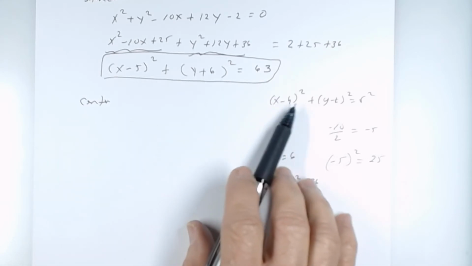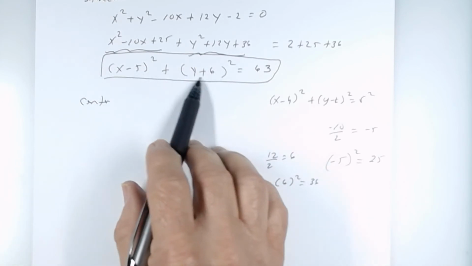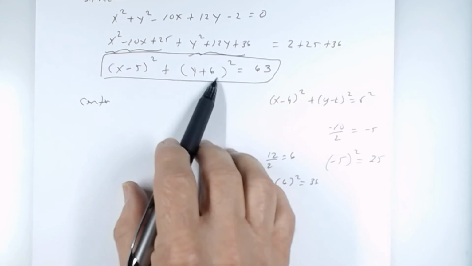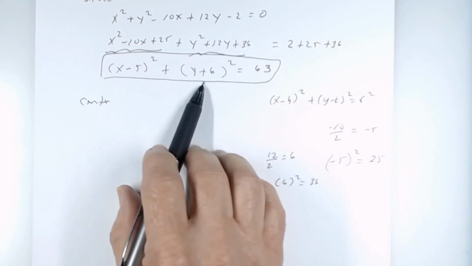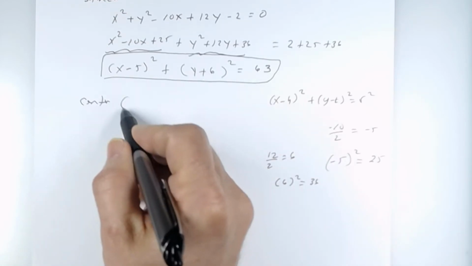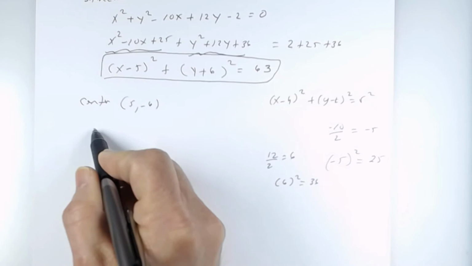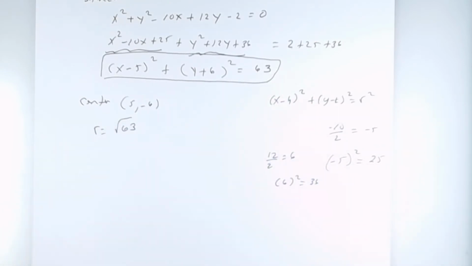This has got to be written as x minus h, and h is 5 here. Y plus 6 is y minus a negative 6, so k is negative 6. So your center is 5, negative 6. And the radius is the square root of this number, the square root of 63. So just be sure you can do something like this next class period for your quiz.